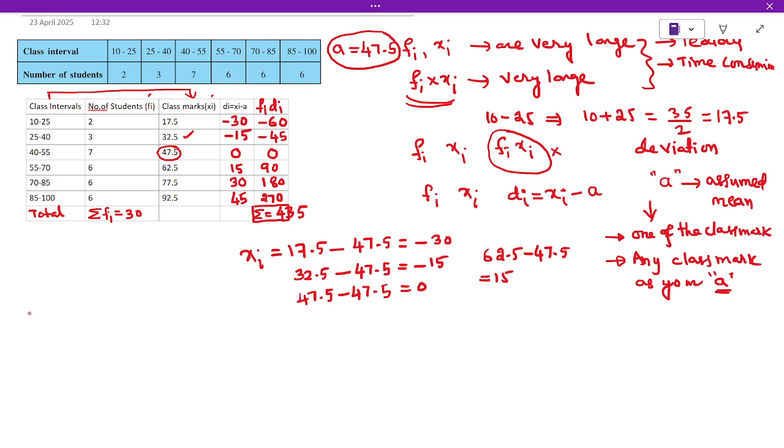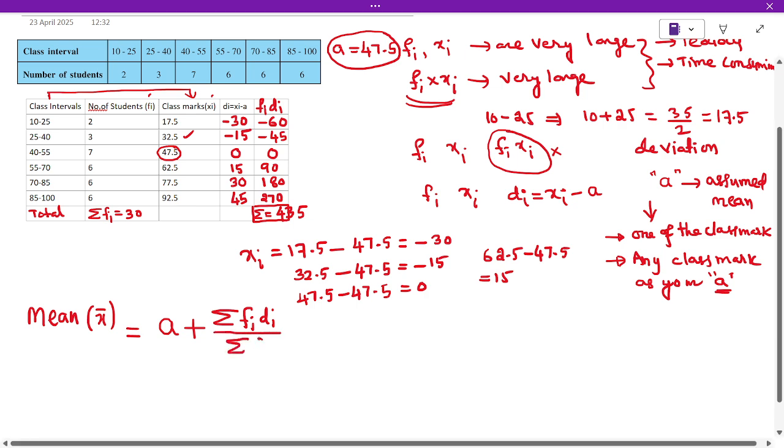So now our mean, the formula for the mean x bar, is equal to a, the assumed mean, plus the summation of fi di, the summation of this product, divided by the total number of observations.